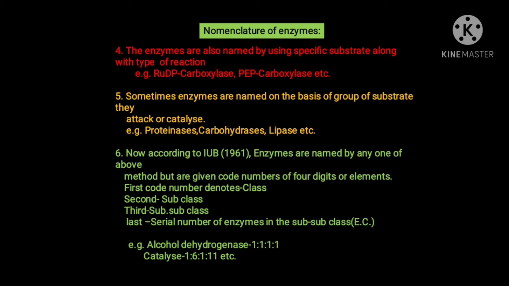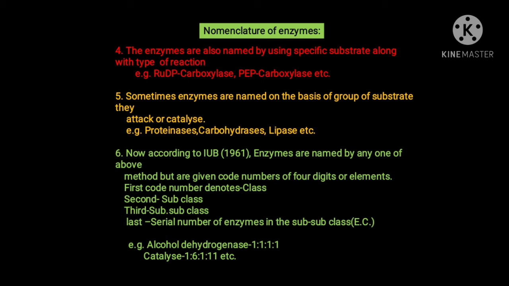The sixth way of classification, later on after completion of the fifth way: nowadays according to the IUB in 1961, the enzymes are named by any one of the above methods but are given a code number of 4 digits. The first code number denotes the class, the second denotes the subclass, the third denotes the sub-subclass, and the last is the serial number of the enzyme in the subclass.